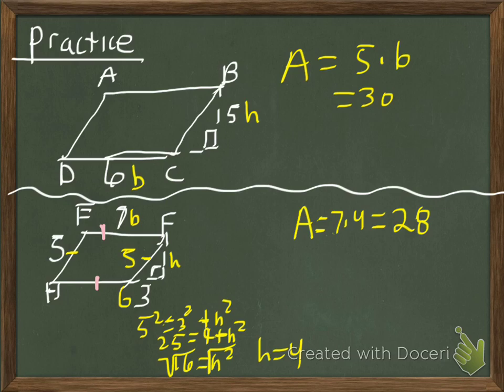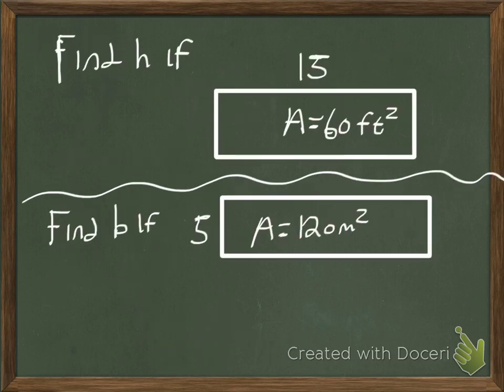All right. I've given us some problems here that are not quite what you might expect. Find h if, and they give us that rectangle. Well, I know the base is 15. I know the area is 60 feet squared.